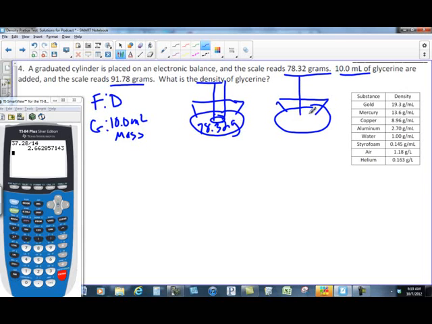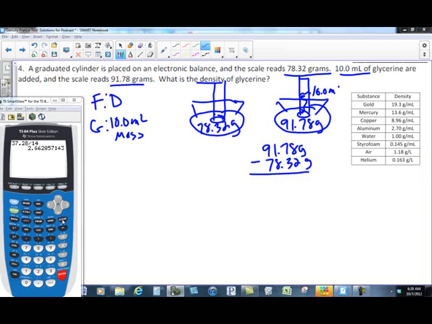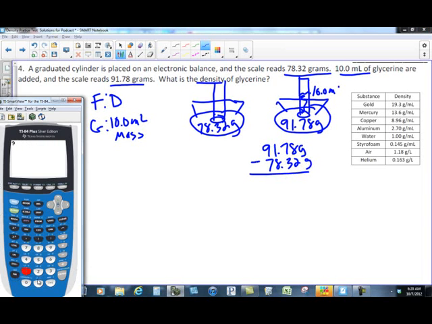I take that same cylinder and I add my glycerin to 10.0 milliliters, and now my balance says 91.78 grams. Okay, so I know that I have 10 milliliters, but the mass has gone up, so it's 91.78, which is what I end up with, minus 78.32, which is what the cylinder was without the glycerin. Now glycerin's a liquid, right? So I'm not using water, I'm just finding the volume of the material.